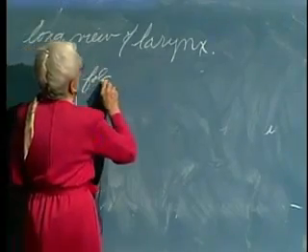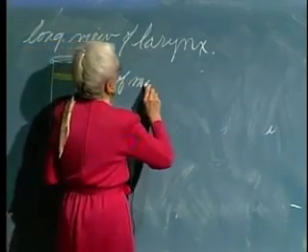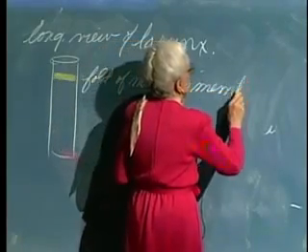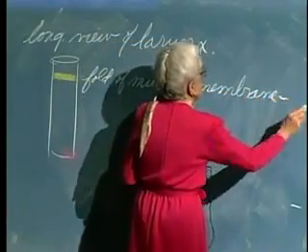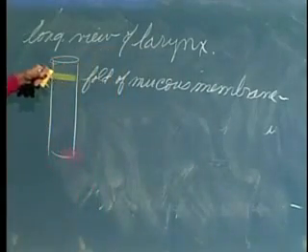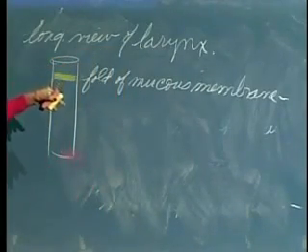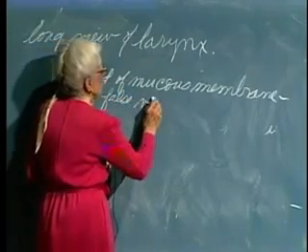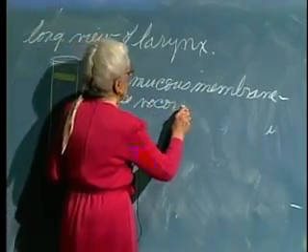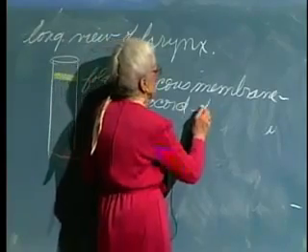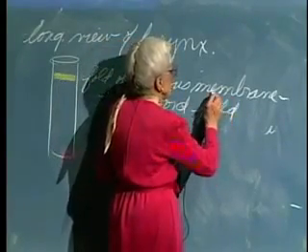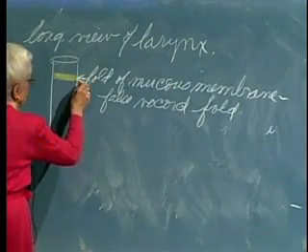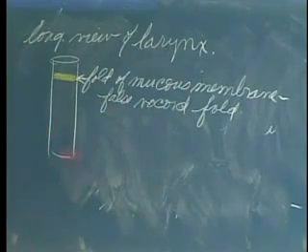And the superior one is called the false vocal cord, or fold. They're using the term fold more frequently now, you see. So this first one is a false vocal fold.